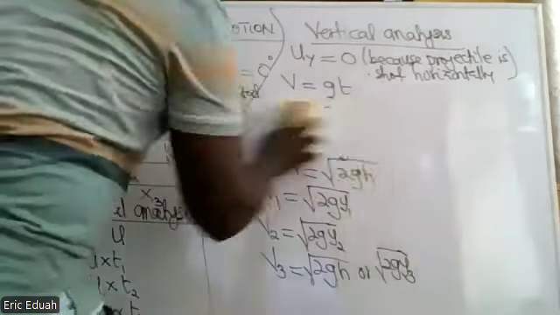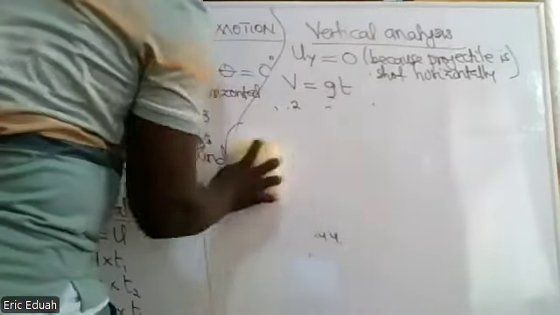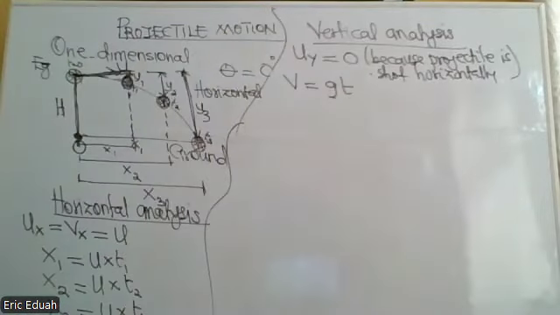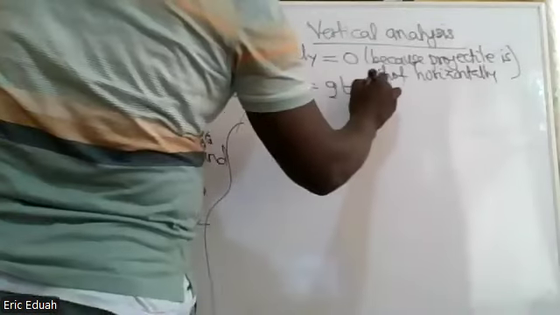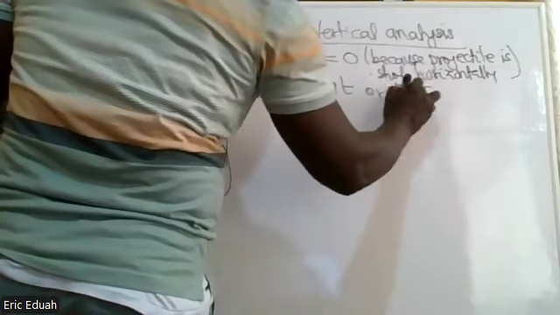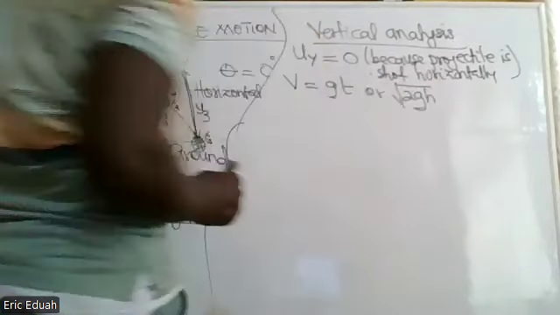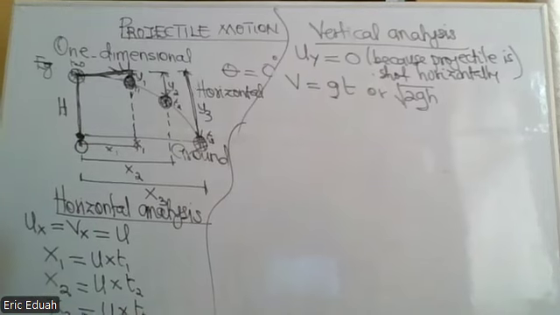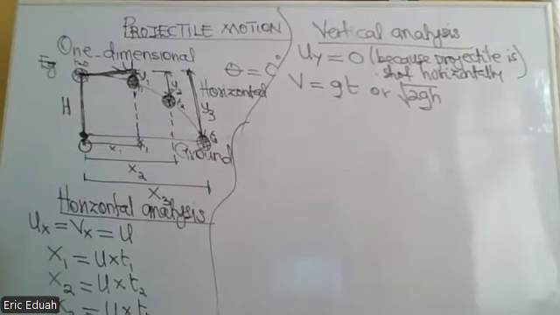So we can use either v is equal to gt or square root of 2gh for any vertical velocity.